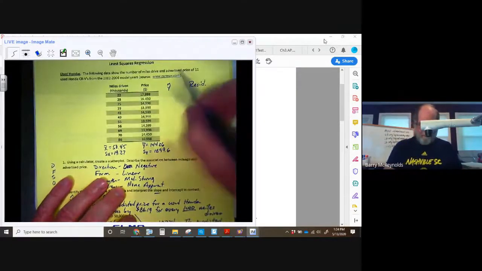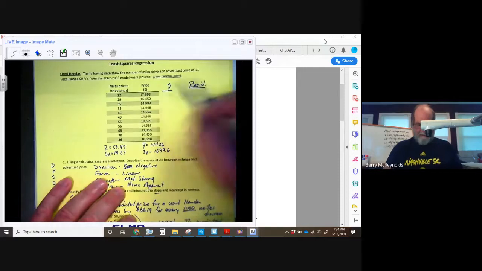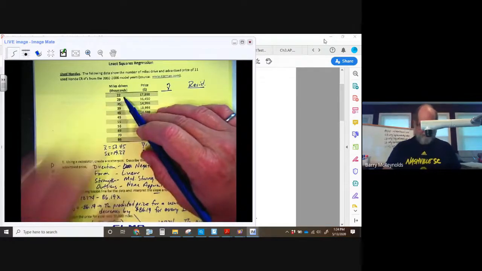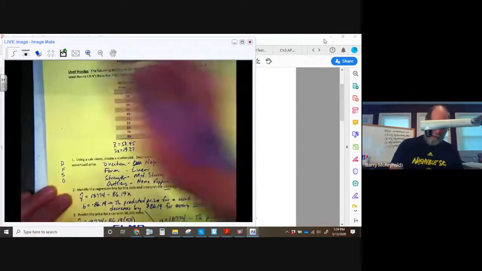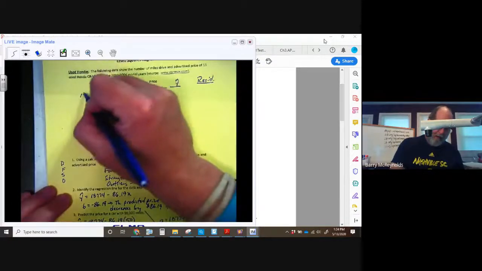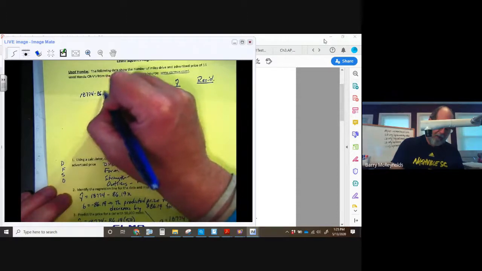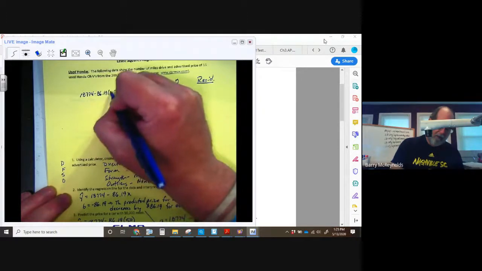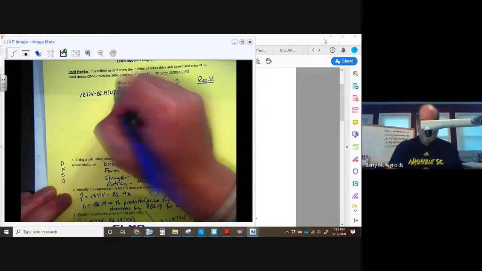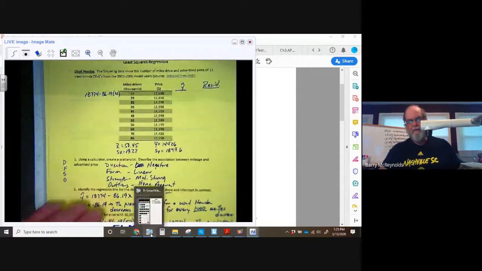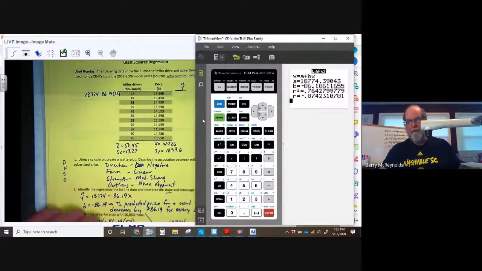So we're going to calculate y hat for a value of 22,000 miles. What that means is we'll plug in 18,774 minus 86.19 times 22, and that's the predicted value at 22,000 miles. We'll just do that with our calculator really quickly.